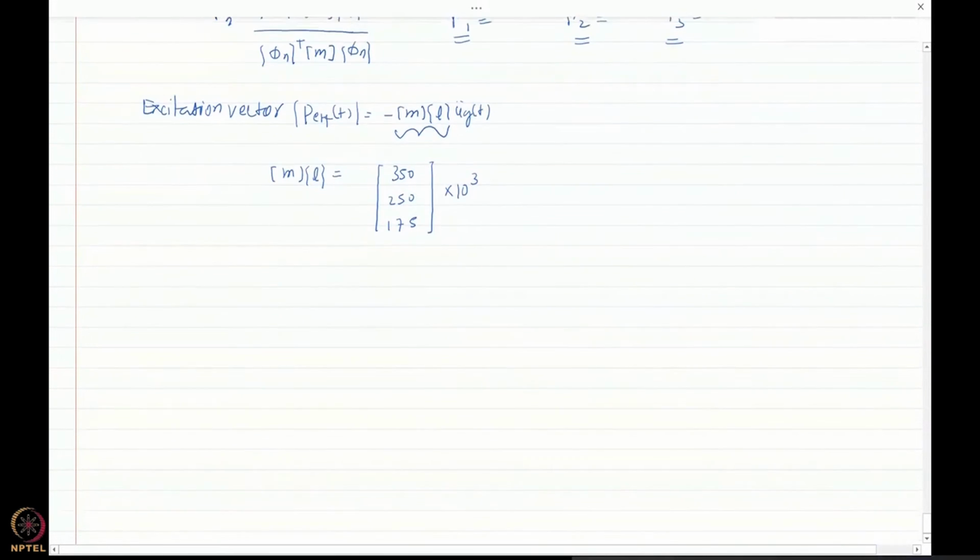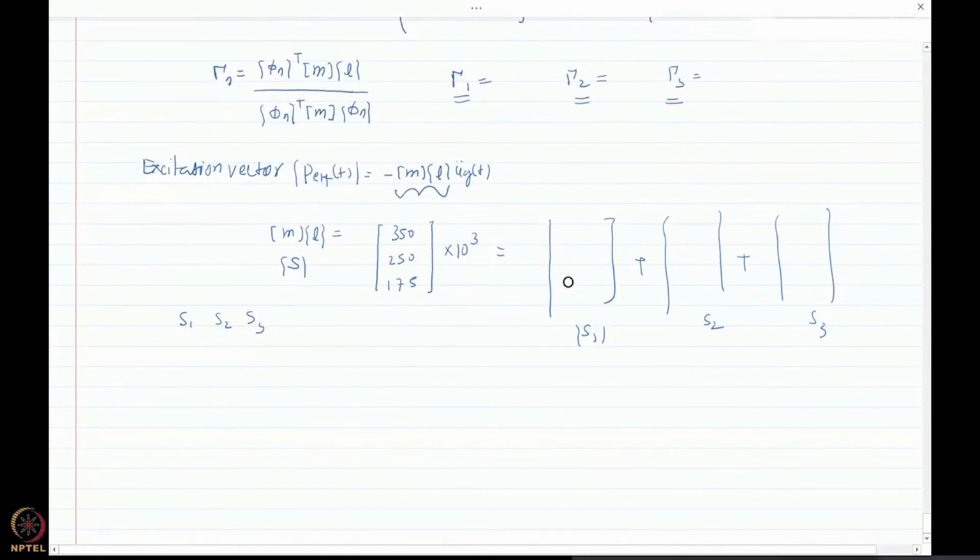So let us get the expansion. What I need you to do is find S1, S2 and S3, so that this can be written as S1, S2, S3. How do we get S1, S2, S3? Simple. You have already found gamma 1, gamma 2, gamma 3.